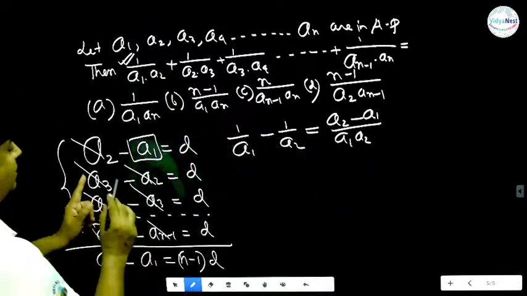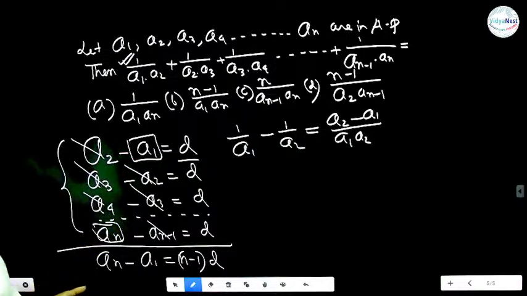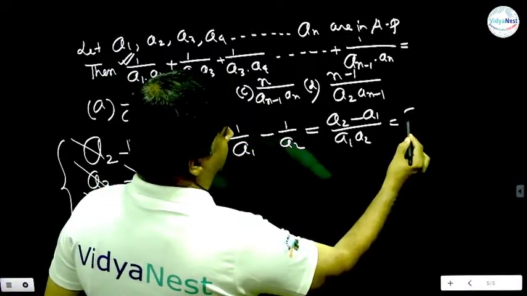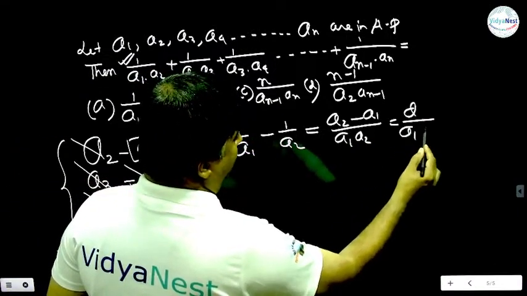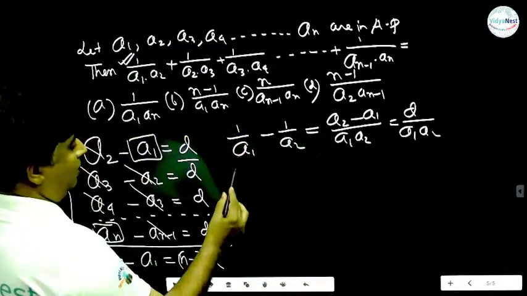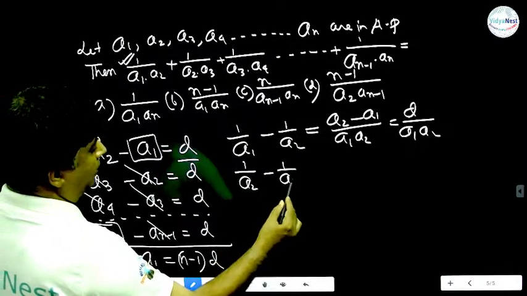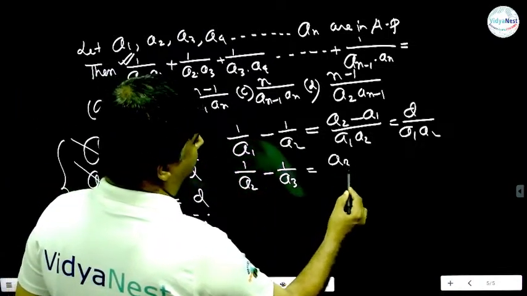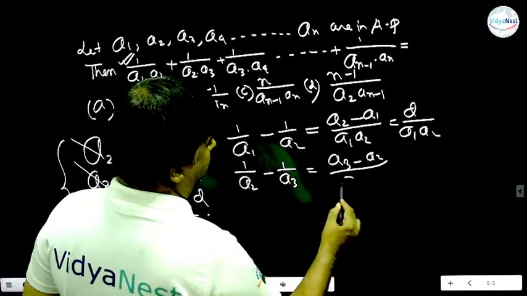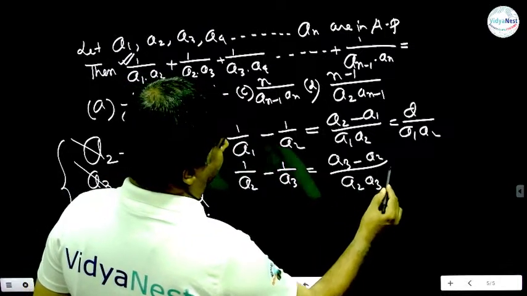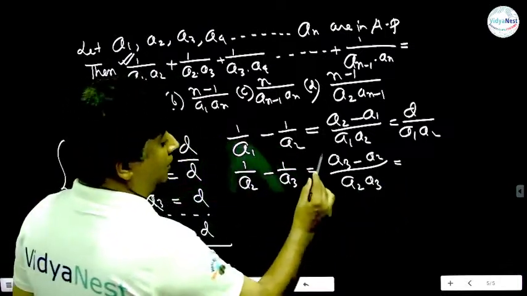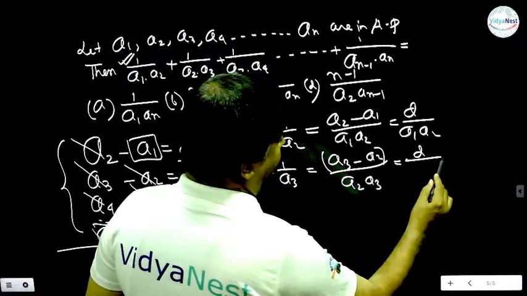A2 minus A1 is what? Already you got d. Yes, d by A1 A2. In a similar manner, 1 by A2 minus 1 by A3 gives A3 minus A2 by A2 A3. That will give you what? This is also difference d.